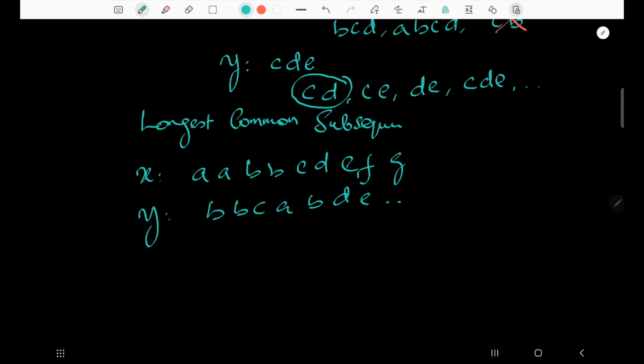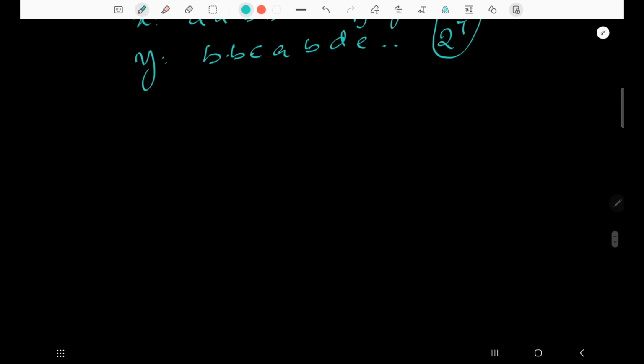This long term we cannot find the longest subsequence manually because of 2 raised to the power of the number of terms. 1, 2, 3, 4, 5, 6, 7, 8, 9, so there are 2 raised to power 9 possible combinations. Here 1 to 7, so 2 raised to power 7. So very large combinations we need to make. So this is not feasible manually. So for that we go for dynamic programming.